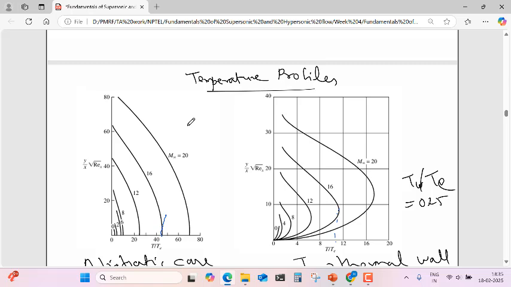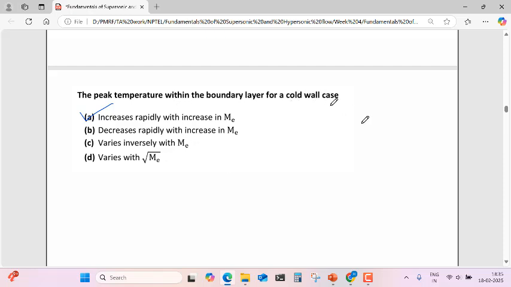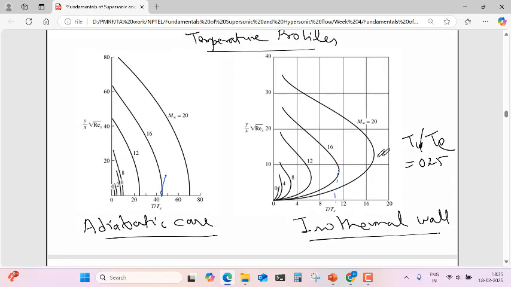So these are the temperature profiles for the adiabatic case and the isothermal wall. This question is for the cold wall case, meaning isothermal wall, and TW upon TE is equal to 0.25, meaning cold wall.